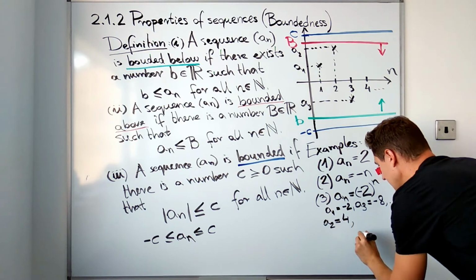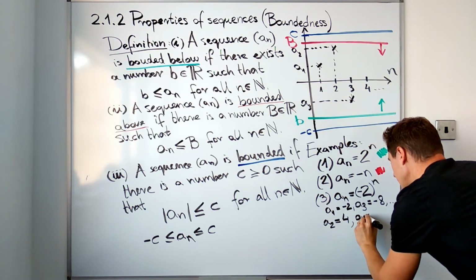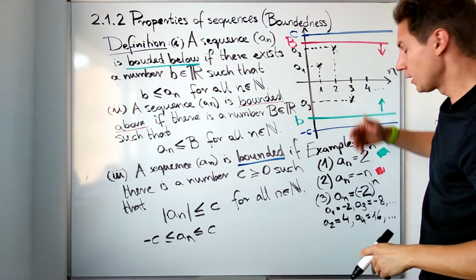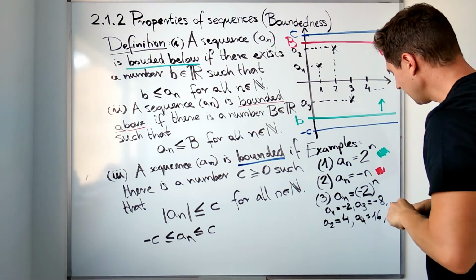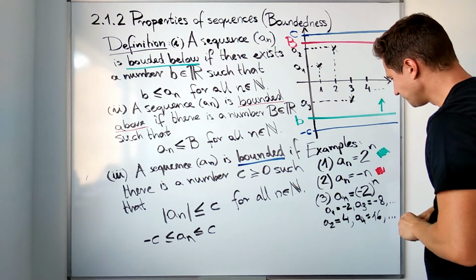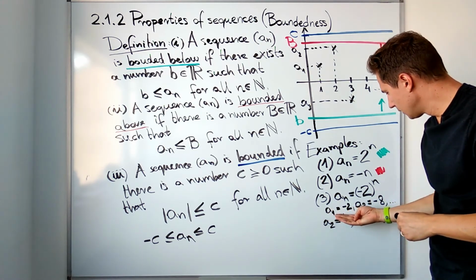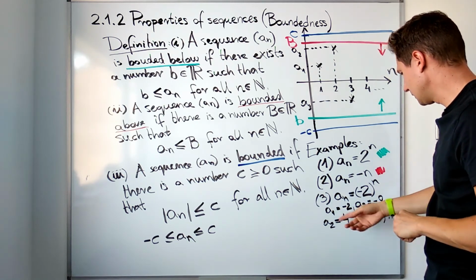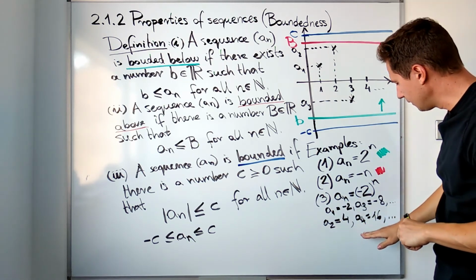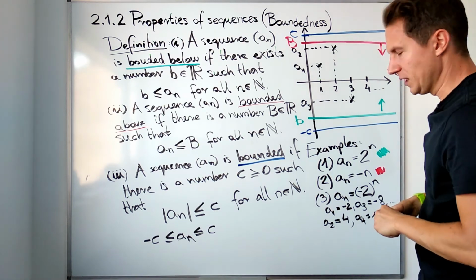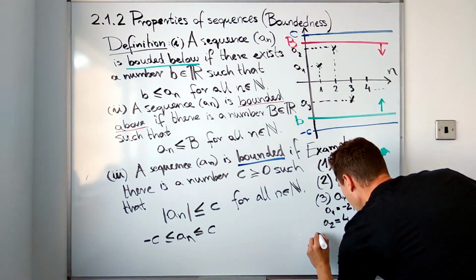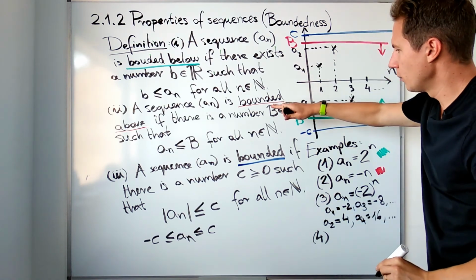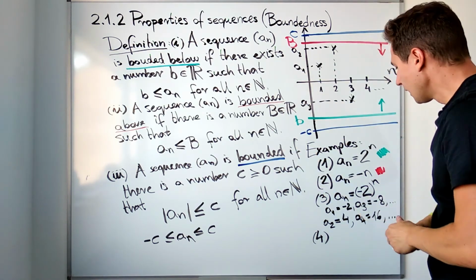So the second term is 4, the fourth term is 16, and so on. The sixth term is 64, and you can see how they get bigger and bigger. So this sequence neither has a floor below which the terms wouldn't go, nor a ceiling above which the terms wouldn't go. So this is not a sequence that is bounded below, nor above, nor is it bounded.